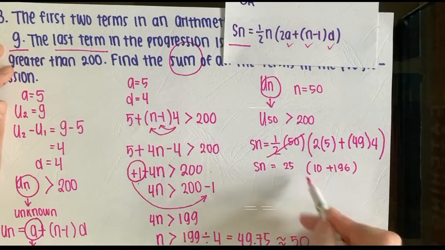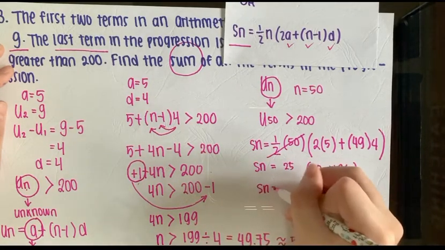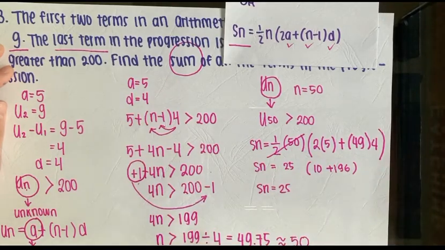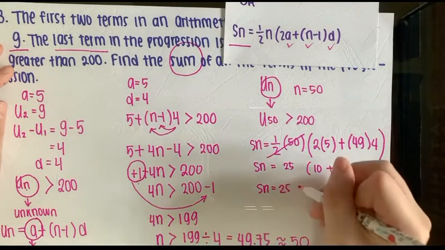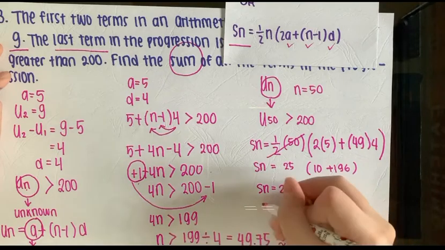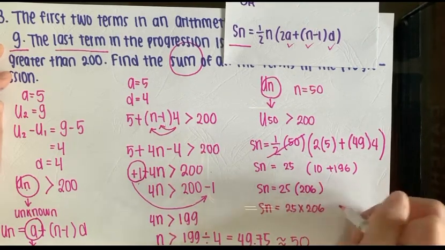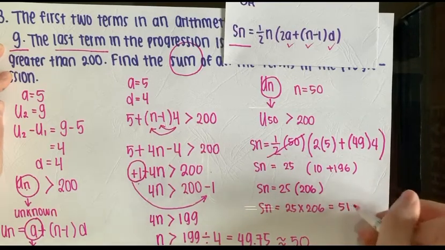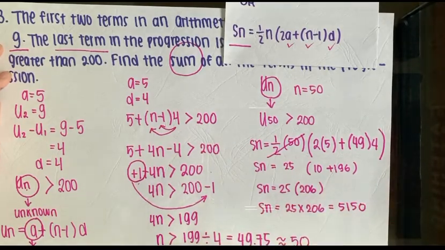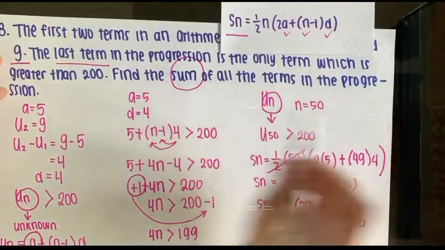Since it is inside a bracket, we should add that first before multiplying by 25. 10 plus 196 would be equal to 206. We are almost done with our problem, and the last step is that 25 multiplied by 206 is equal to 5,150. That would be the sum of all the terms in the progression.